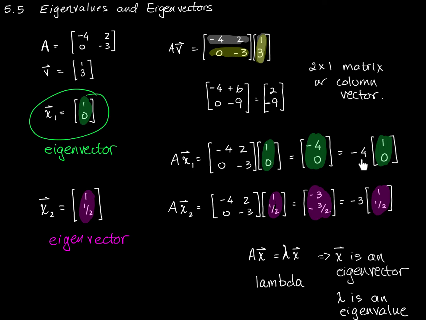So if I go up here, -4 is my eigenvalue, and 1, 0 is my eigenvector. Here, -3 is my eigenvalue, and 1, 1/2 is my eigenvector. So you'll notice that I have a scalar paired with a vector, a scalar paired with a vector, and oftentimes you'll see that scalar, lambda, the eigenvalue, and the eigenvector, x, called an eigenpair, just for some more vocabulary for you.